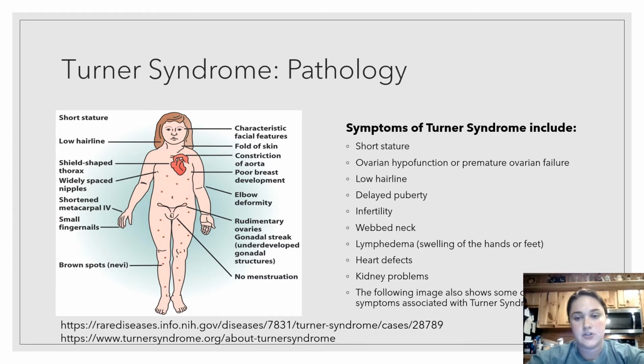Some of the symptoms include short stature, ovarian hypofunction or premature ovarian failure, low hairline, delayed puberty, infertility, a webbed neck, lymphedema, which is the swelling of the hands or the feet, heart defects, kidney problems, and this image in the slide shows some other symptoms of a person with Turner syndrome, which could include brown spots all over the body, rudimentary ovaries, a fold of skin on the neck, etc.